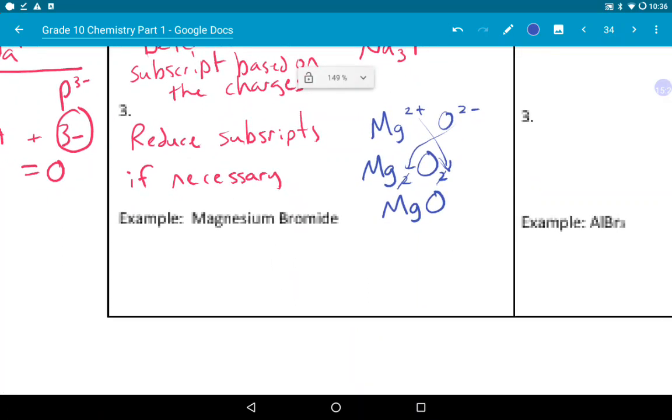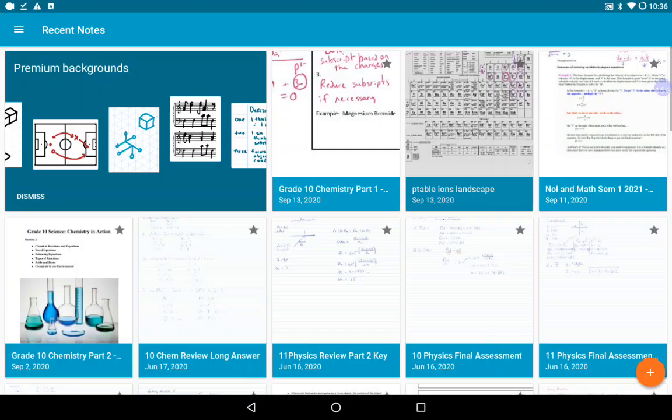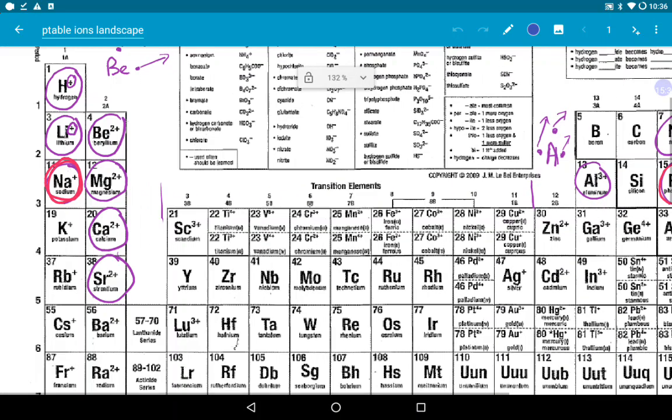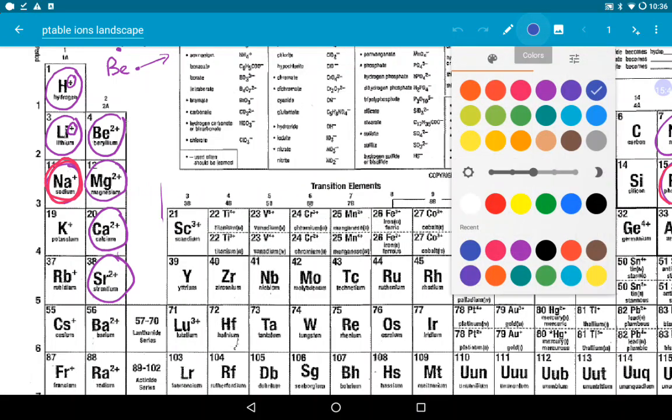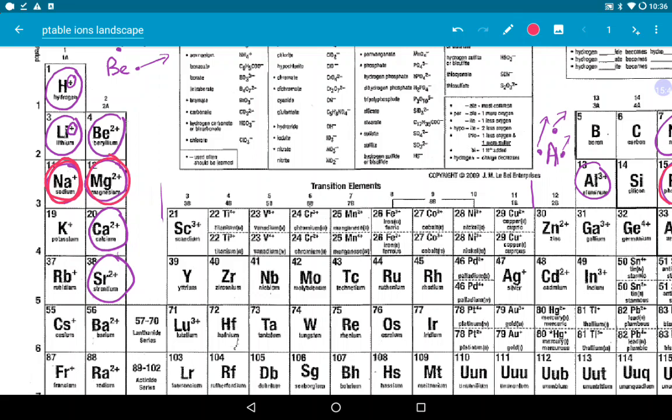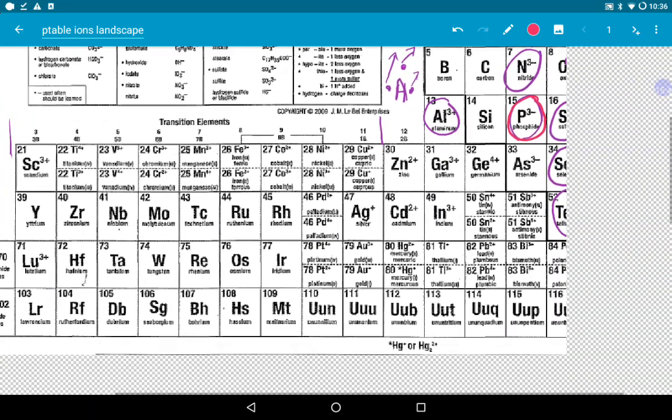Magnesium bromide. Okay, so we're going to look at that periodic table for our magnesium and bromine, the bromide. So let's find those. Alright, so magnesium, there it is. Once you use it a bunch, you kind of get familiar with it and you can find them quite easily.